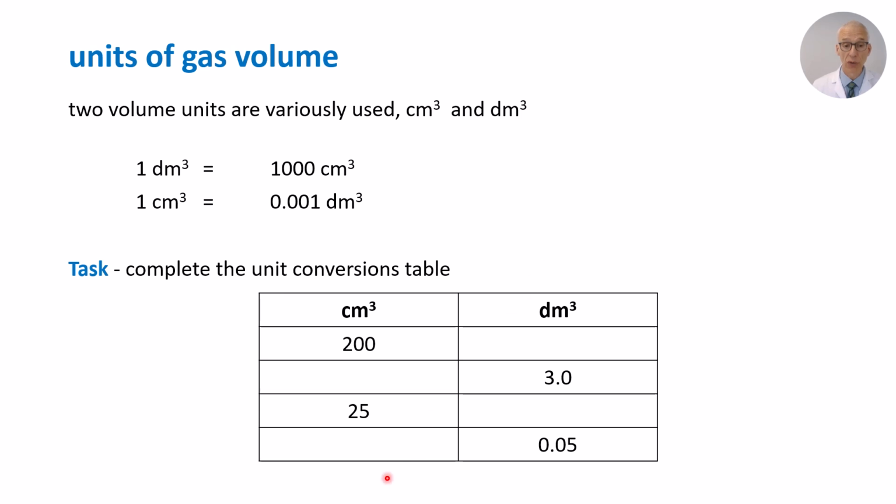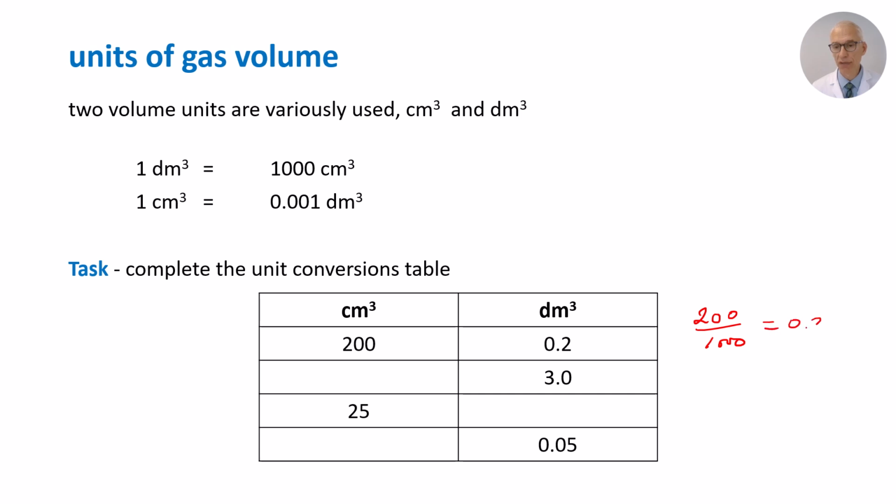Okay, so 200 centimeters cubed is 0.2 decimeters cubed. How's that achieved? It's 200 divided by 1,000.